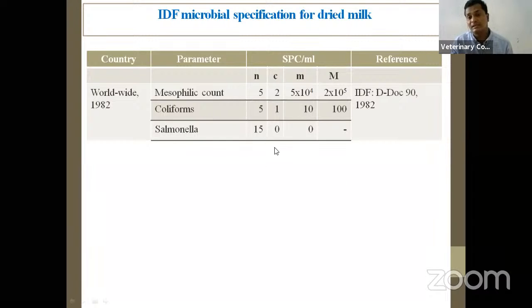And you see the n is equal to 15. 15 samples we have to collect from a container or a batch, and the count should be 0 in any one of them. So invariably, when we talk about Salmonella, whether national or international level, we recommend either 25 grams or 50 grams of the sample. 50 is better. 15 is 25 grams.